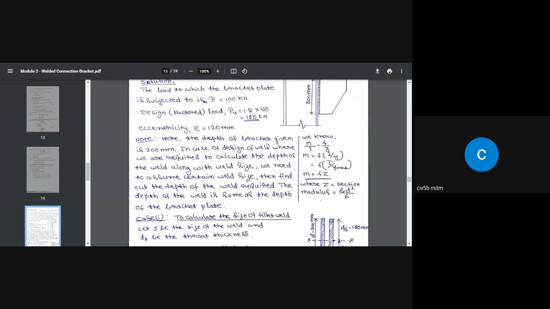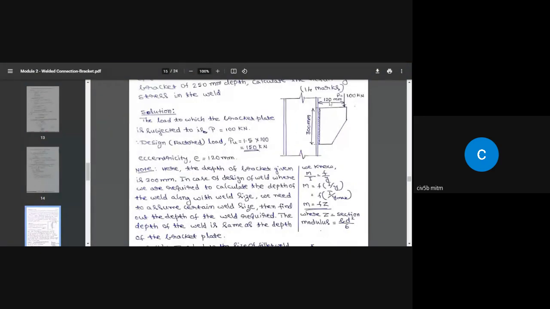What it means is, if you are given a problem like this, if you are not given the bracket depth, and also if you don't know the weld size, then in this case we have two unknowns. One is the depth of the bracket and the other is the weld size. To solve for two unknowns, we have to assume one of those two things.